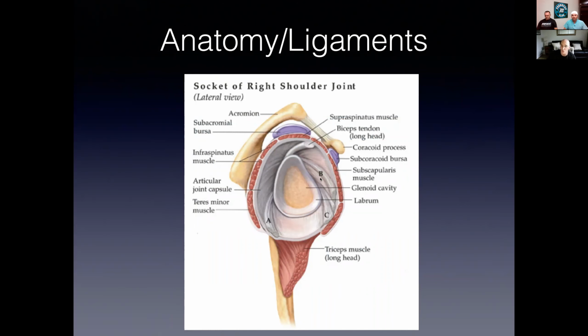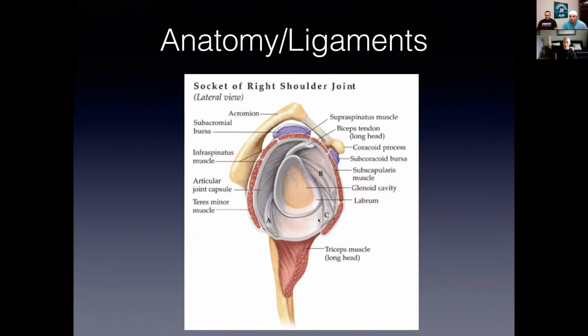So you stretch out this entire sort of bottom front portion of what I call the capsulolabral complex. So it's the labrum and the capsule. When you look at it, they are distinct, but they sort of meld together. It's not as it shows in this picture, where it's like these discernible structures, like structure A, structure B. You can make them out, but they all sort of come together.